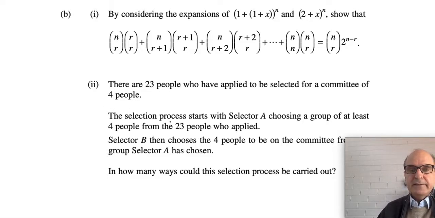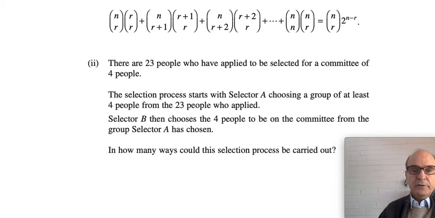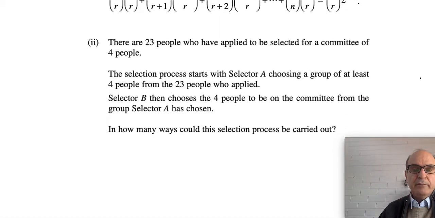And in the next bit, selector A chooses 6 people, and then selector B chooses 4 people out of them. So then the number of ways this process can be done is this.